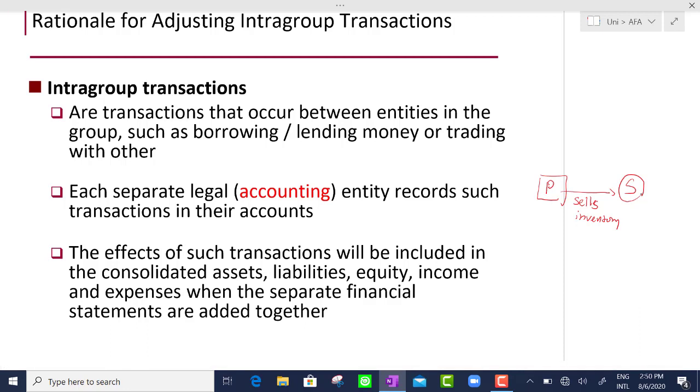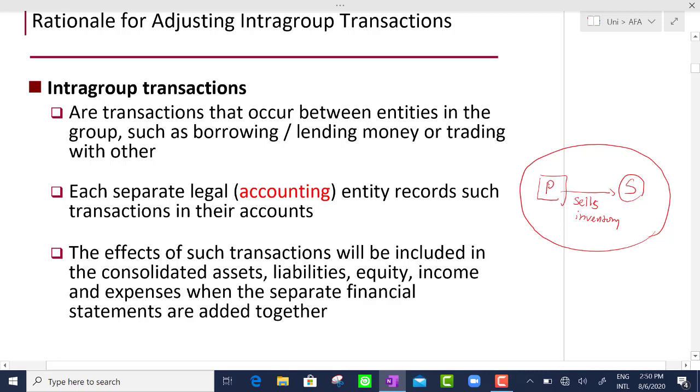But when we take the group as a whole, in the consolidated financial statements, we consider the parent and its subsidiaries as a single economic entity.